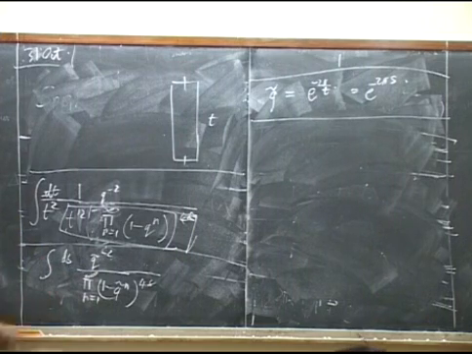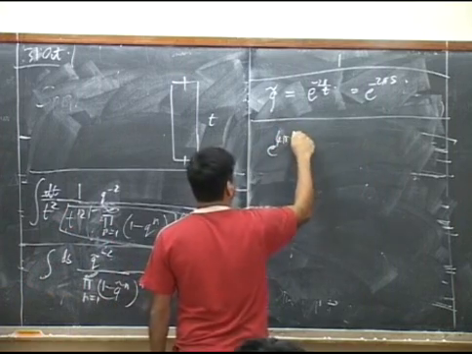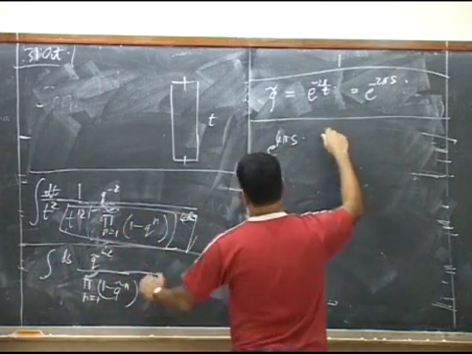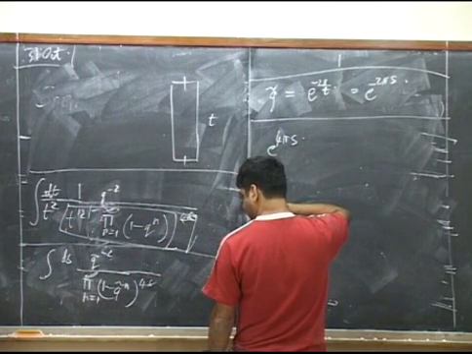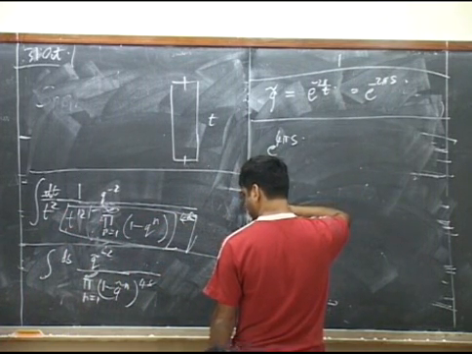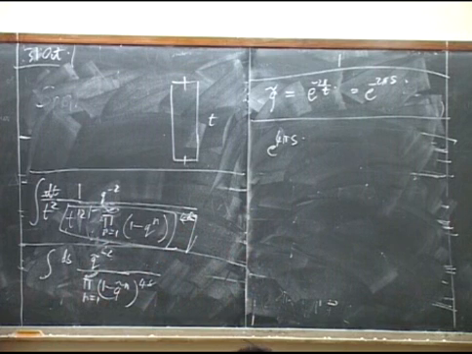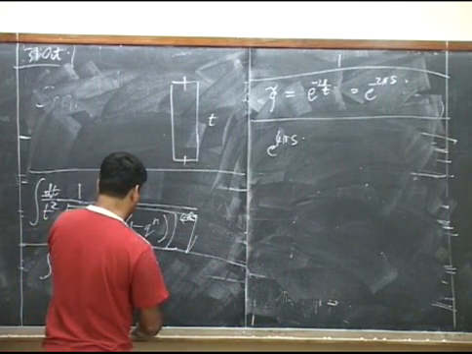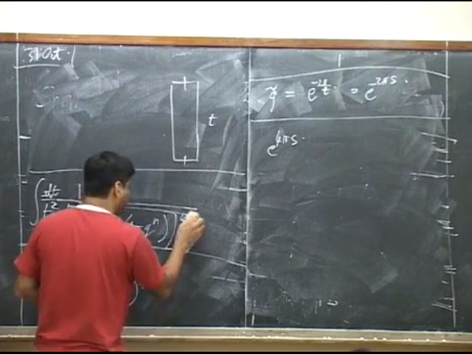So the first term was e to the power 4 pi s, and then the next term. I'm sorry, this is not 48.